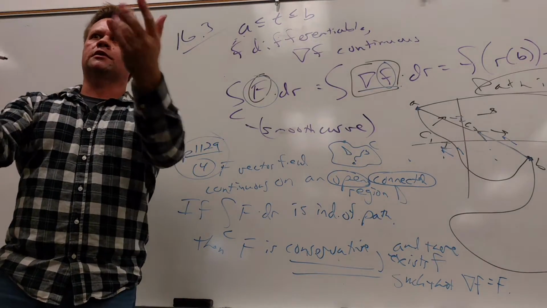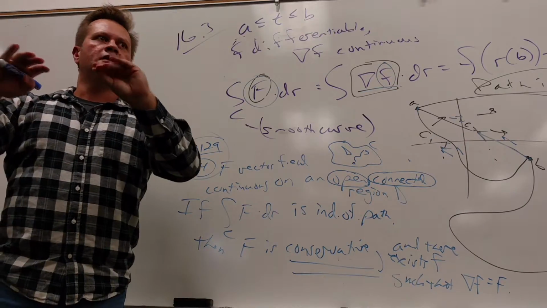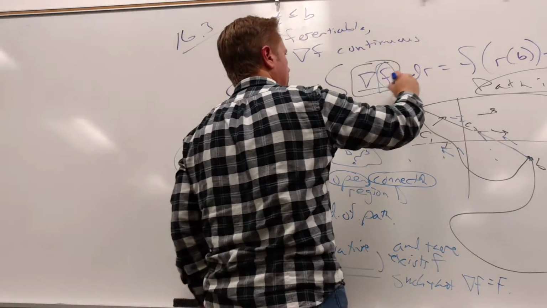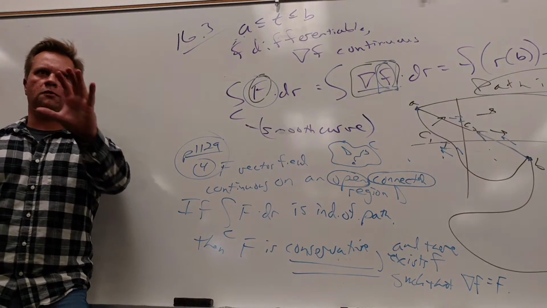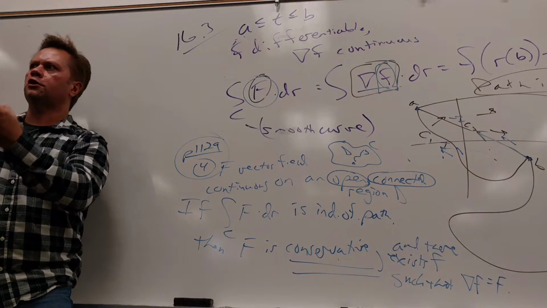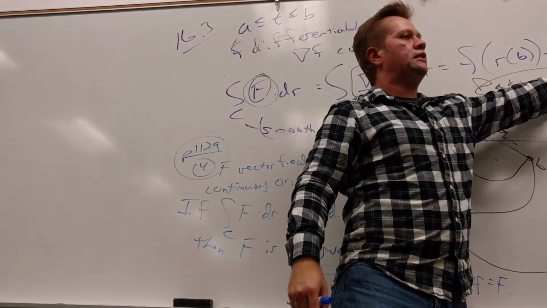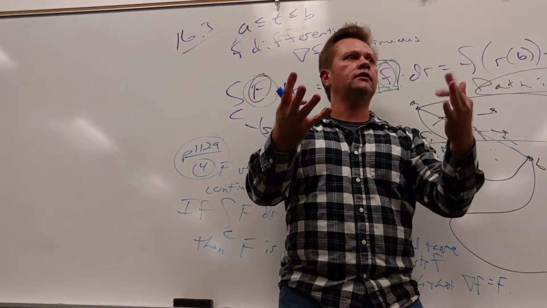So it really becomes a situation where, how do I tell if something is conservative? And then how do I find this little f? Okay. If you're semi with me, let's see. Since a field being conservative means that I can find the integral just by looking at the values at the endpoints, yes, please, I want to do that, thank you.